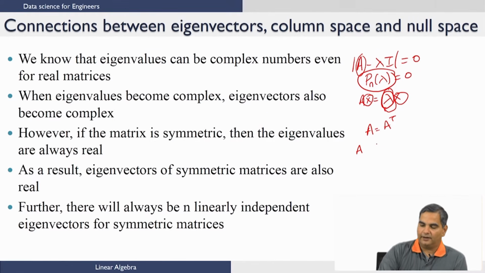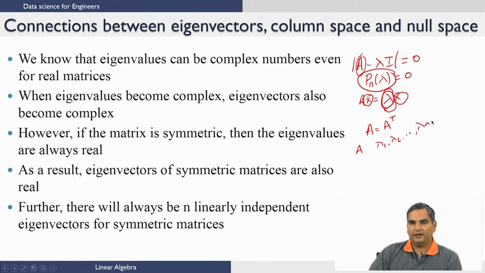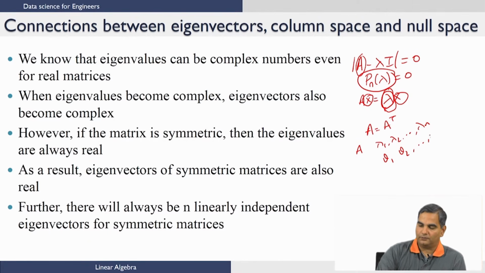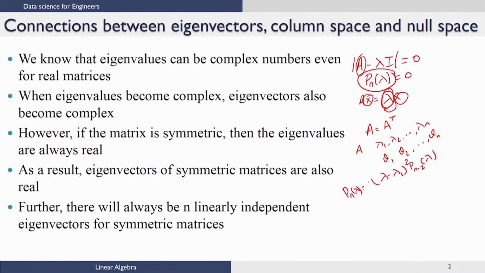Now, there is another aspect of eigenvalues and eigenvectors that is important. If I have a matrix A and I have n different eigenvalues lambda 1 to lambda n, all of them distinct, then I will definitely have n linearly independent eigenvectors corresponding to them, which could be nu 1, nu 2 all the way up to nu n. However, suppose certain eigenvalues are repeated. For example, if we take a case where eigenvalue lambda 1 is repeated, then I could have a polynomial like this. The original polynomial has eigenvalue lambda 1 repeated twice, and then there is another n minus 2 order polynomial which will give you n minus 2 other solutions.